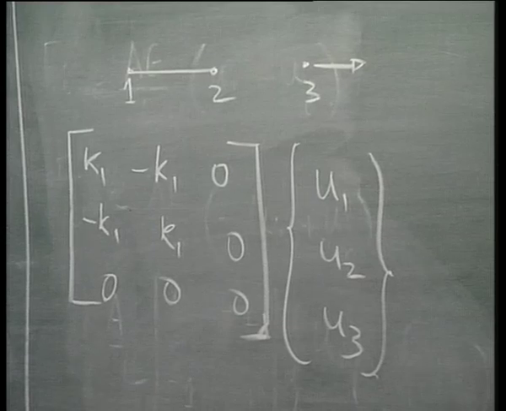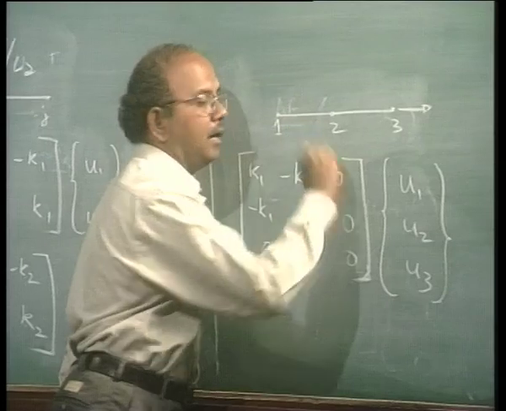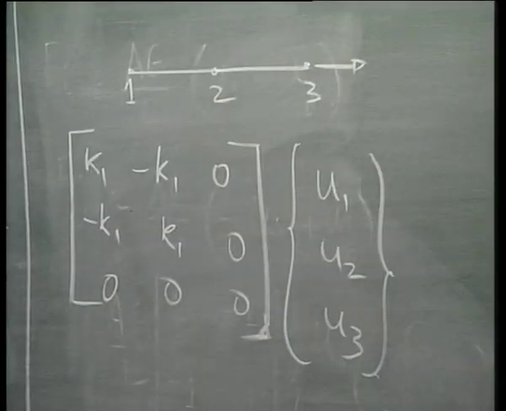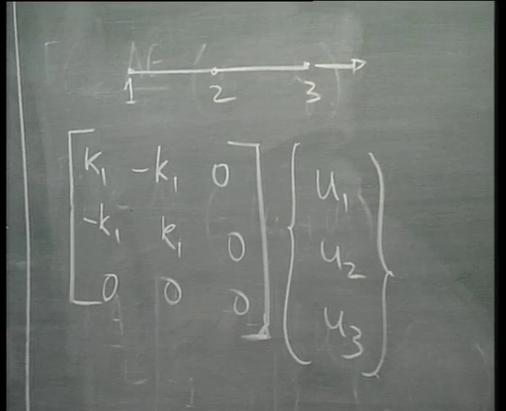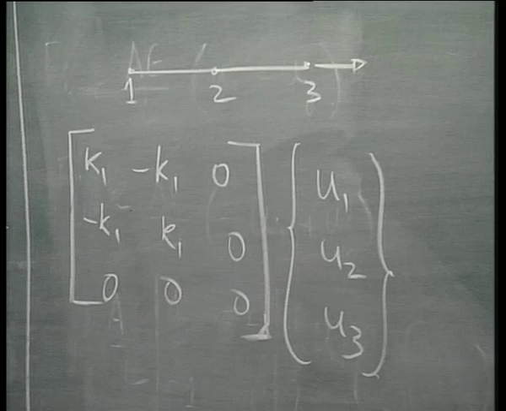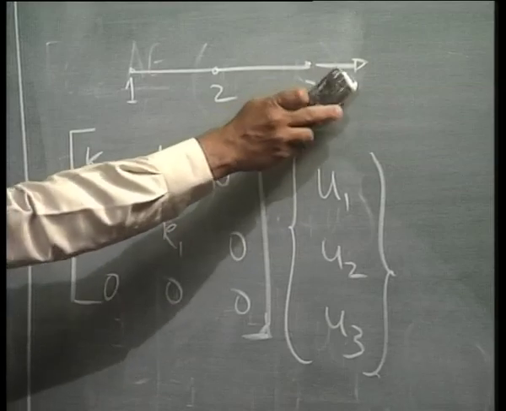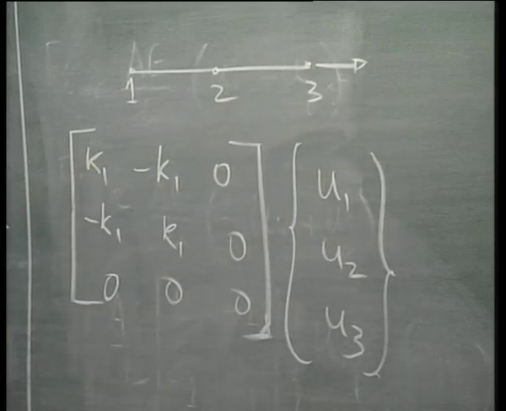Now let me put the other element here. Build them together, or in other words, weld them together. As soon as I do that, this force we have mentioned here will of course be supported.